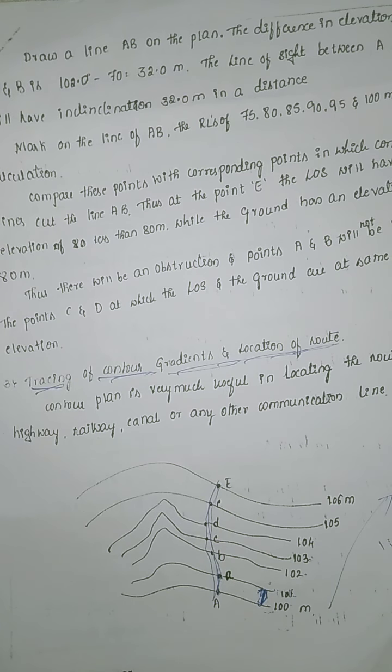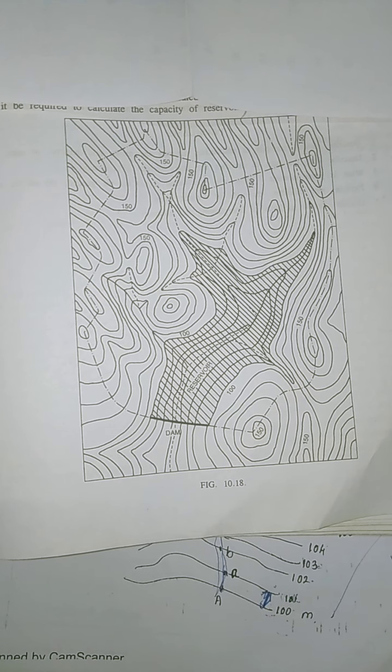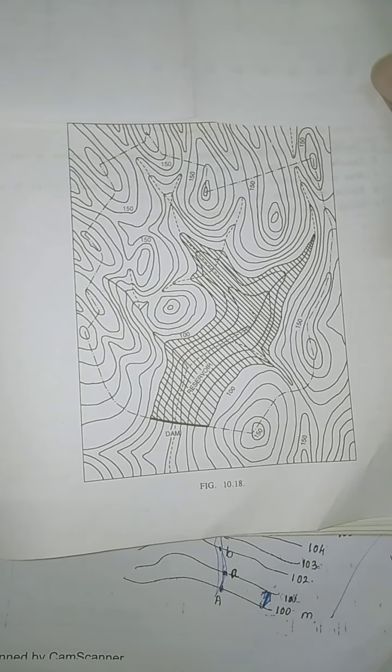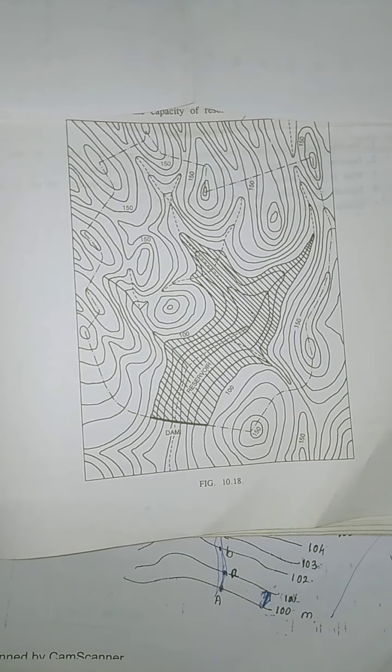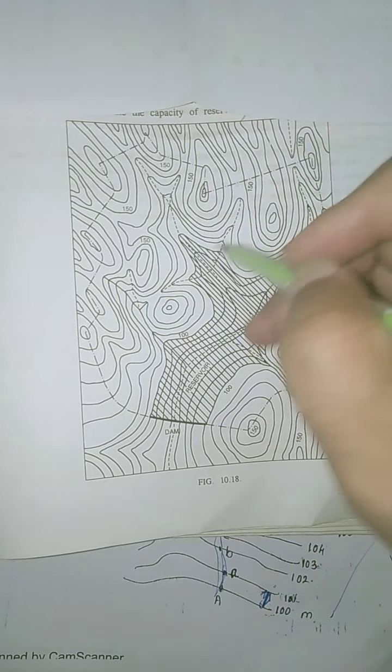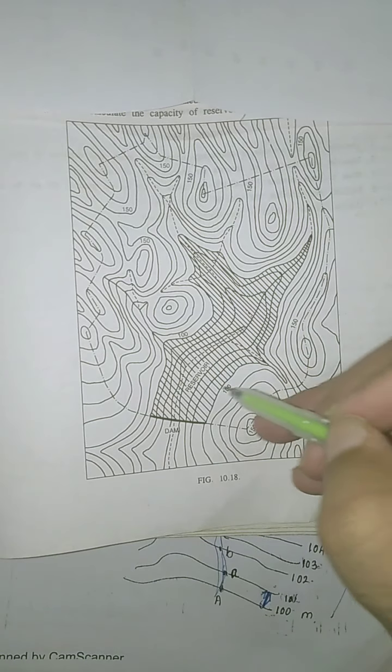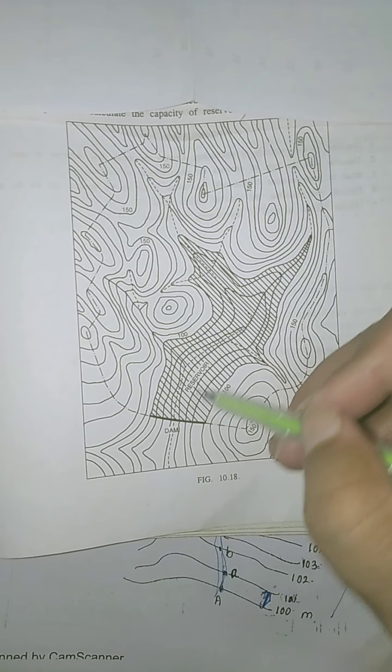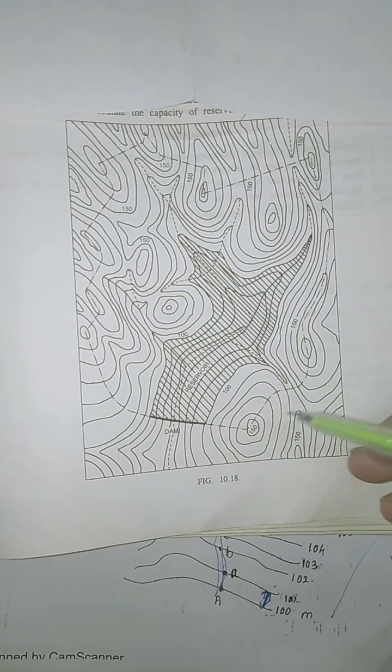Now the next use is the calculation of a reservoir capacity. I will show you the diagram, then we can discuss it. This diagram shows you the contour map with RLs: 150 is written over here, 100 is written over here, and you can see the dam present over here.